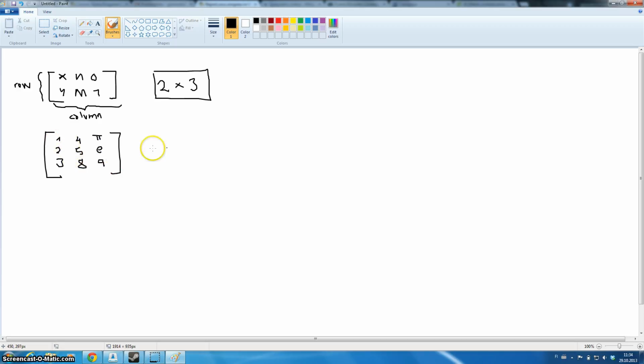So this is square because it has 3 rows and 3 columns, so it's a 3 by 3 matrix.